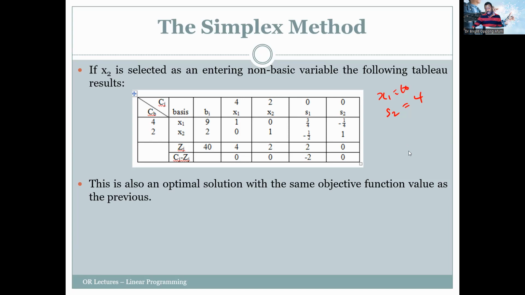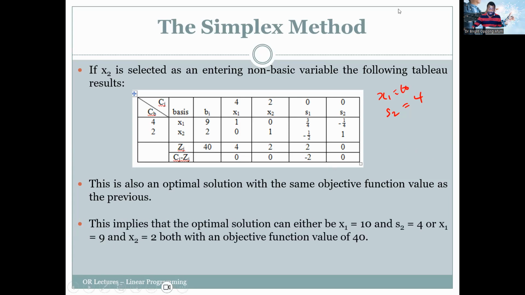So this is also an optimal solution with the same objective function value as the previous. What it means is that x1 equal to 10 and x2 equal to 4, or x1 equal to 9 and x2 equal to 2, both give an objective function value of 40.